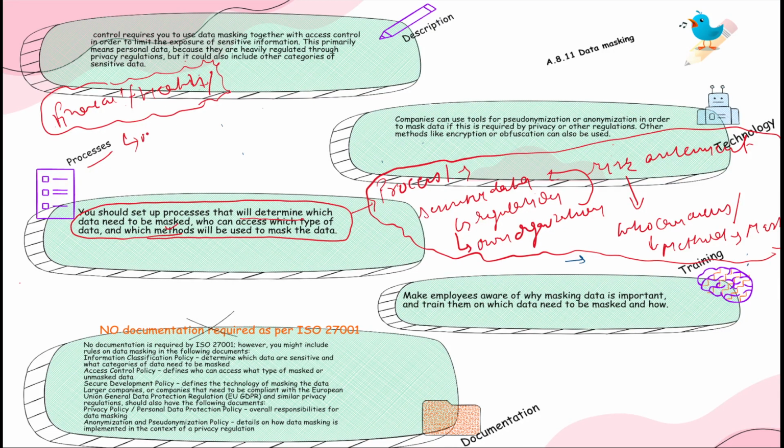But in manufacturing or IT, those not involved in finance or healthcare, it may be a new item. So organizations that are not already aware of data masking and the process, and how to take care of it, have to be extra cautious to implement this control.